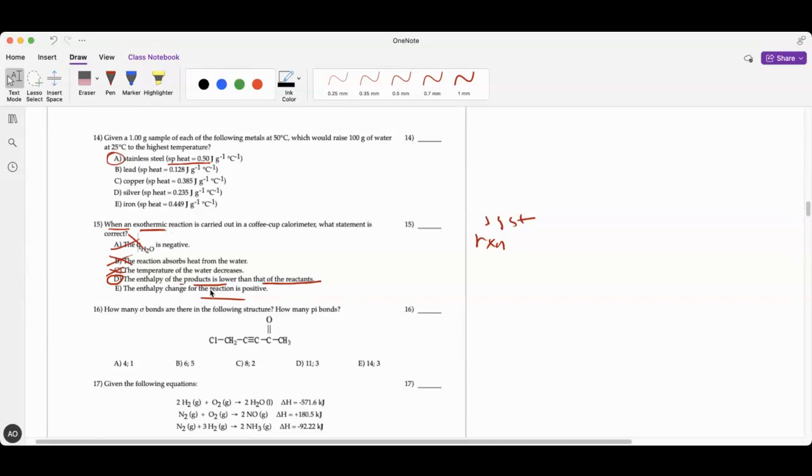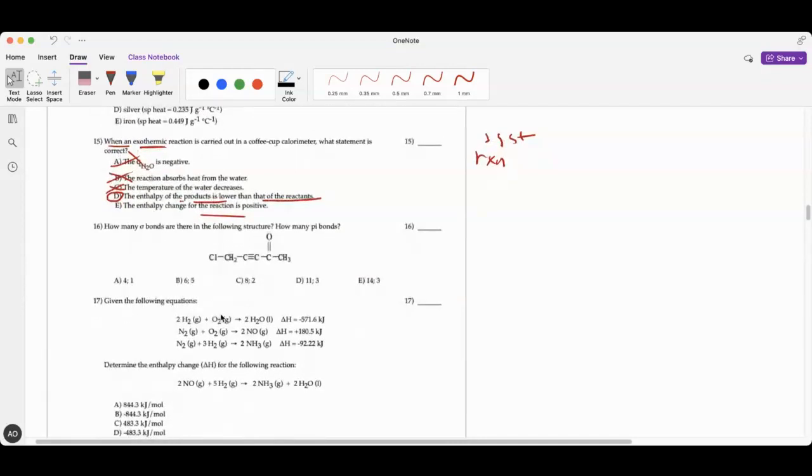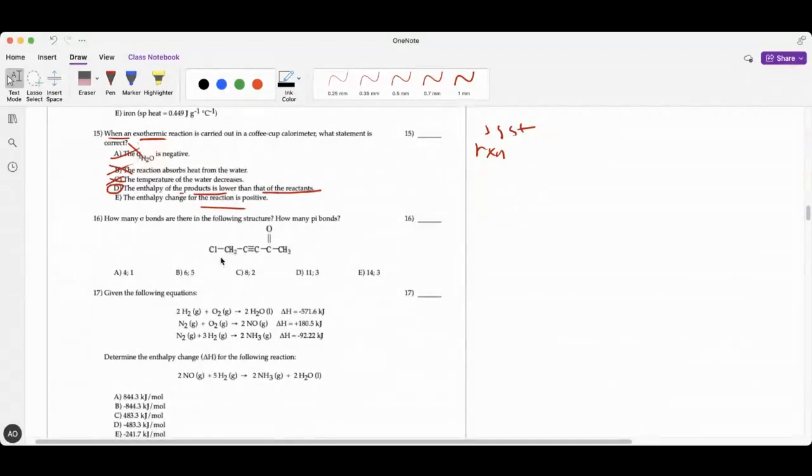How many sigma bonds are there in the following structure? So let's see. And how many pi bonds? How many pi bonds are in this structure? 3 pi bonds. 3 pi bonds, yes. You have 2 pi bonds and the triple bond.